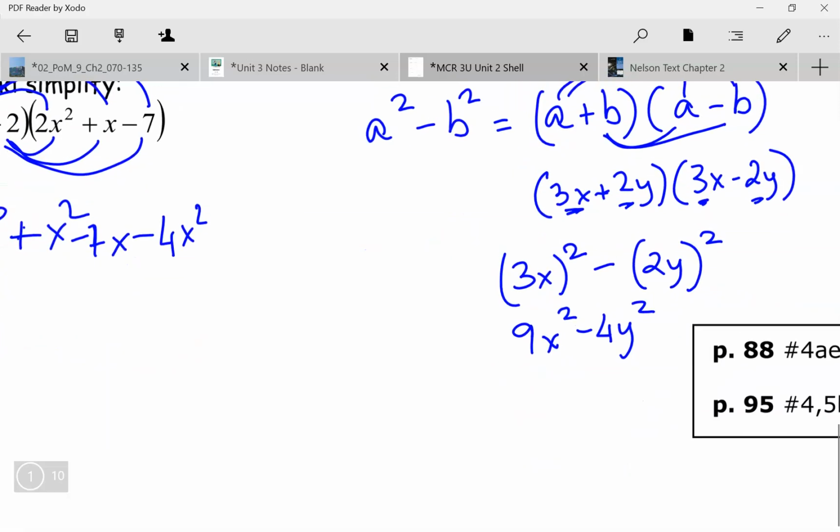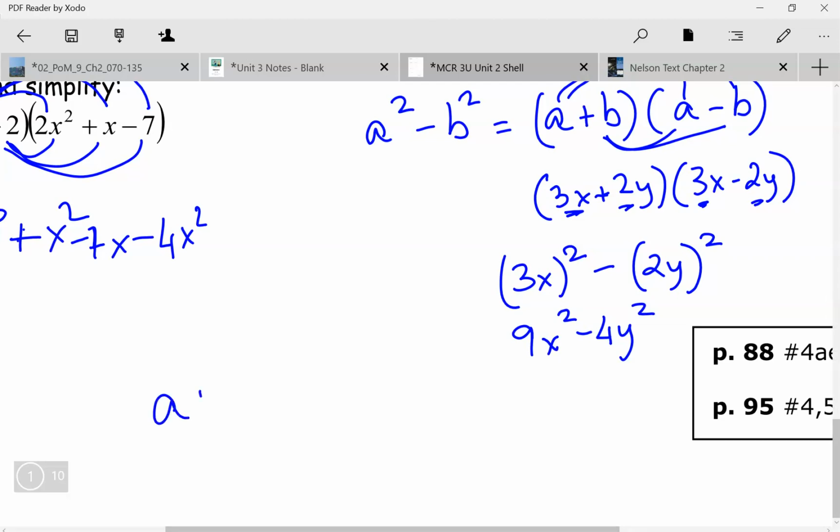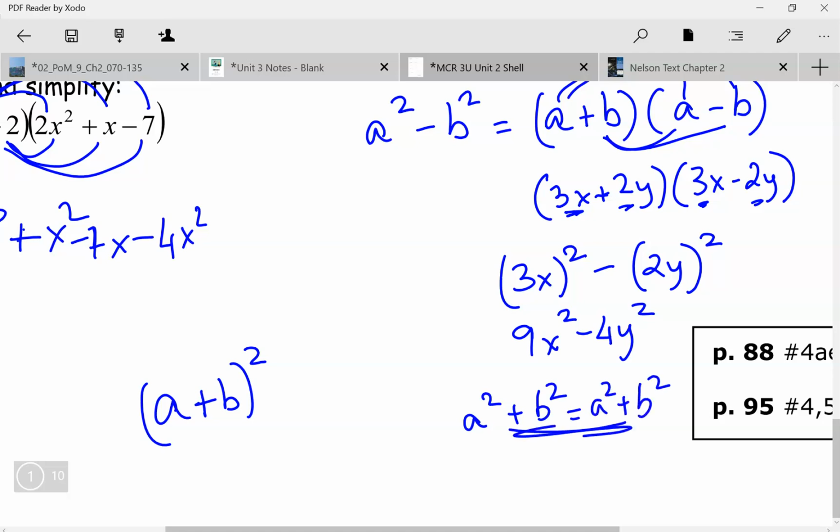The next formula that we did, and the last one we're going to talk about, is the sum or difference of squares. No, I shouldn't say that. There is no formula for a squared plus b squared. That is just a squared plus b squared, just to note. But a plus b the whole squared, where you do a plus b and then you take the square of that, is interestingly not equal to a squared plus b squared.